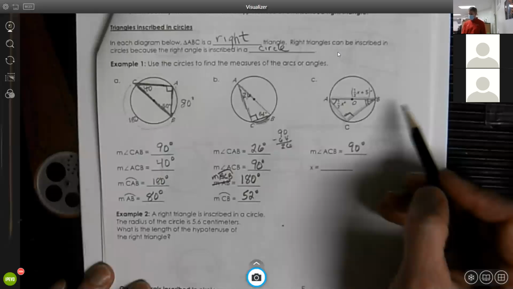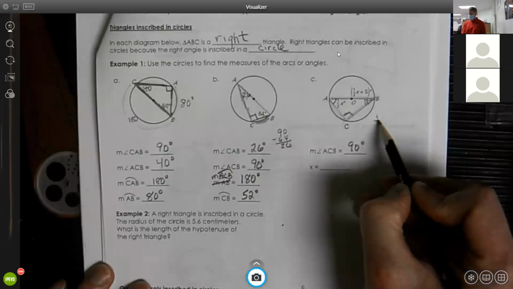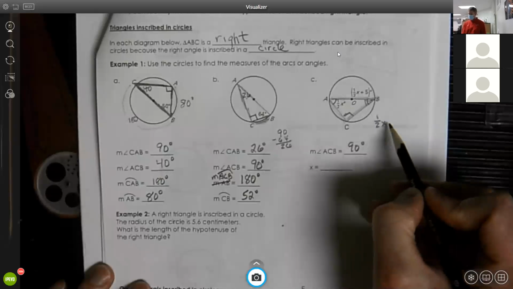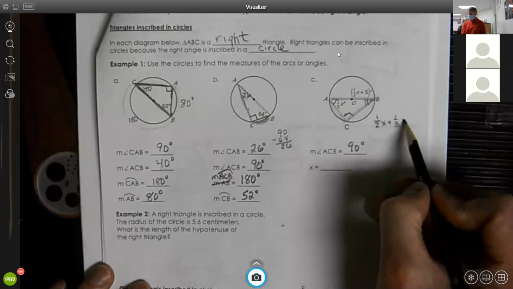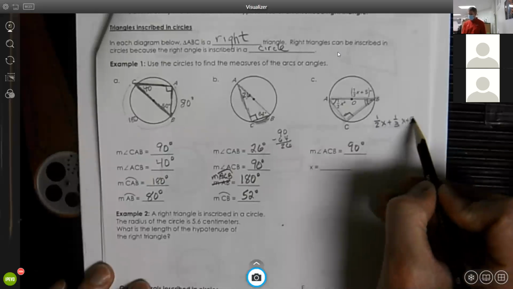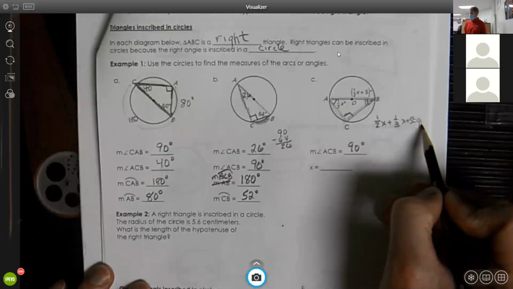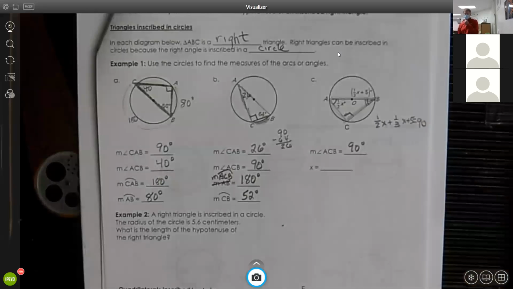That means half x plus 1/3 x plus 5 is going to equal 90. Those two angles, the acute angles of a right triangle, are going to be complementary. They're going to add up to 90.